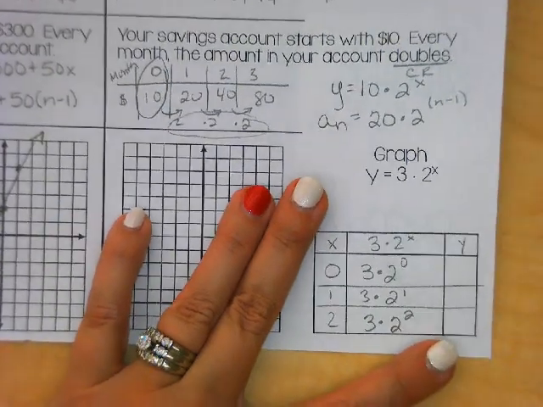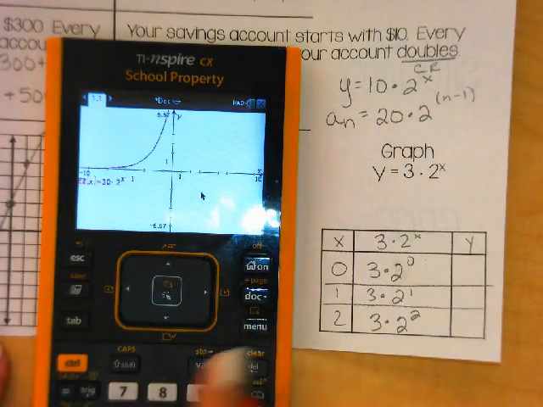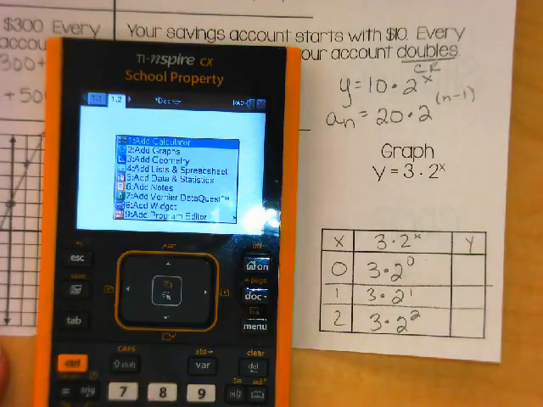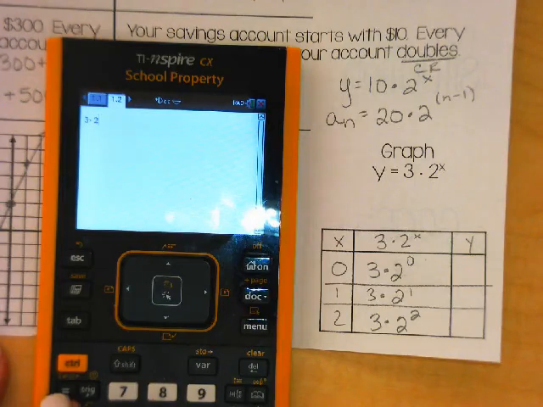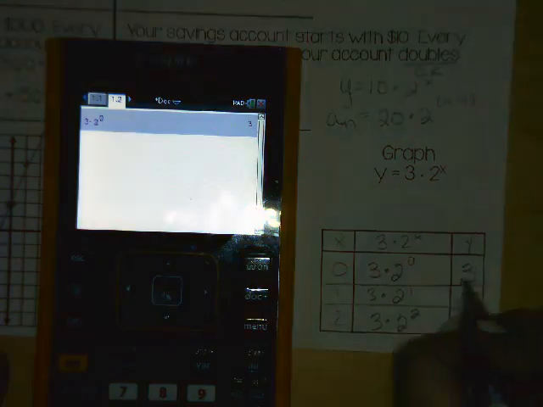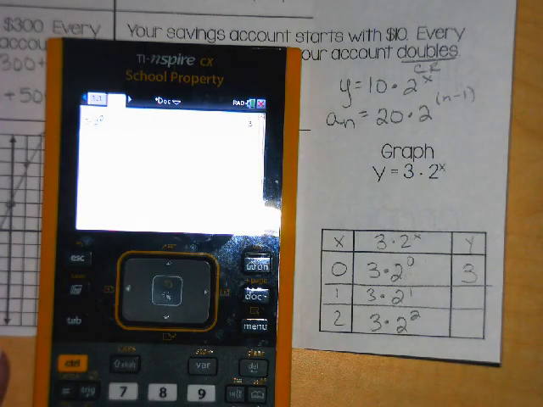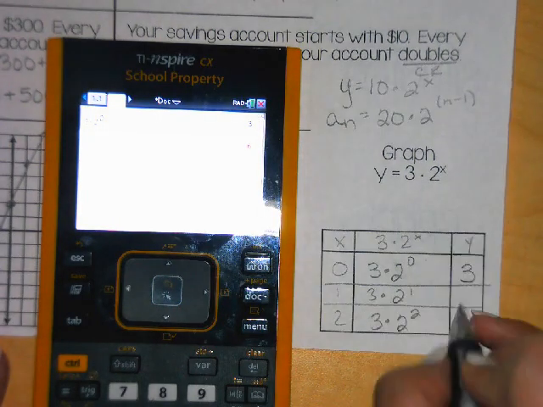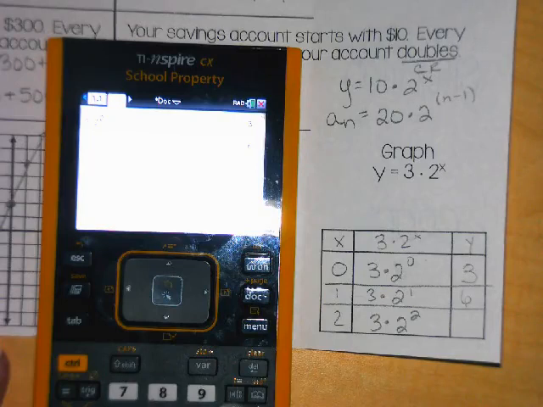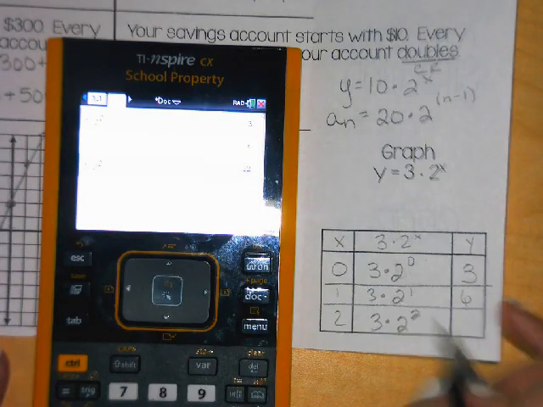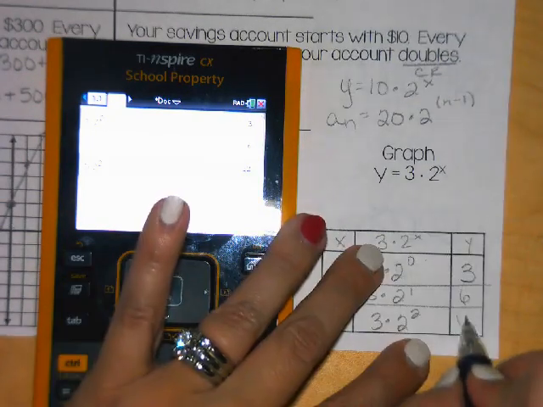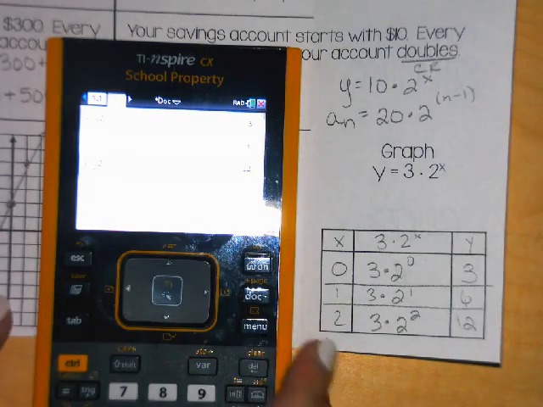We will learn some exponent rules a little later on. So I can say 3 times 2 to the 0 power, I get 3. We'll learn that anything to the 0 power is in fact 1 a little later on. We can say 3 times 2 to the first power is 6. 3 times 2 to the second power is 12.